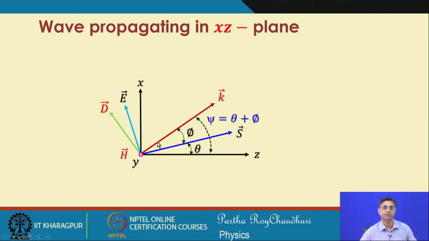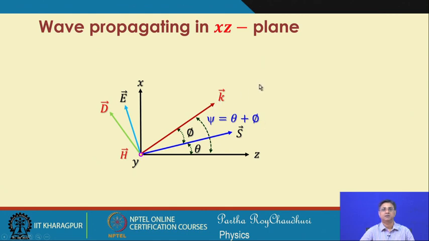And now, we will consider the other situation, that is when the wave is travelling in a general direction in the x z plane, that is, it makes an angle psi equal to theta plus phi, where theta is the angle that the pointing vector makes with the z axis, and phi is the angle that the ray direction and the wave direction make with each other.